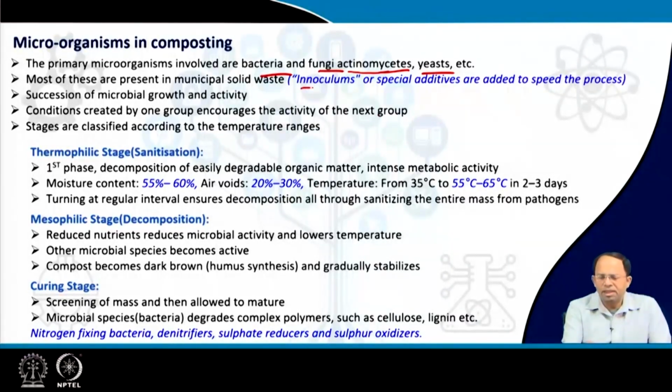But if we want to speed up the process, we add a little bit of earlier compost, or some special additives known as inoculums. Inoculums could be compost itself or some other material which has an extra population of bacteria or fungi which could act upon the compost and start the composting process.